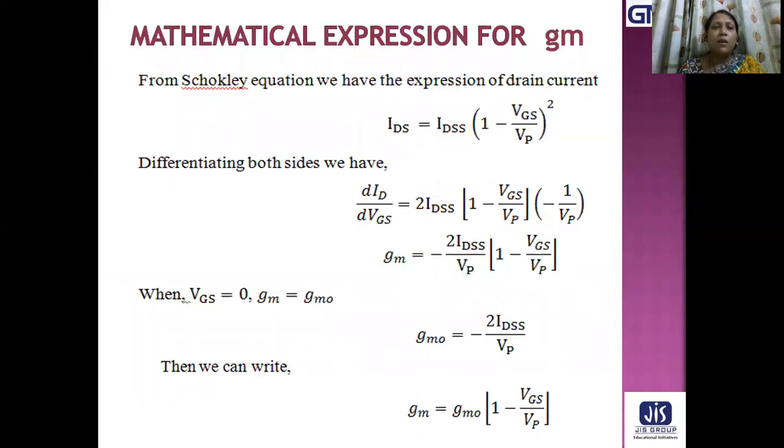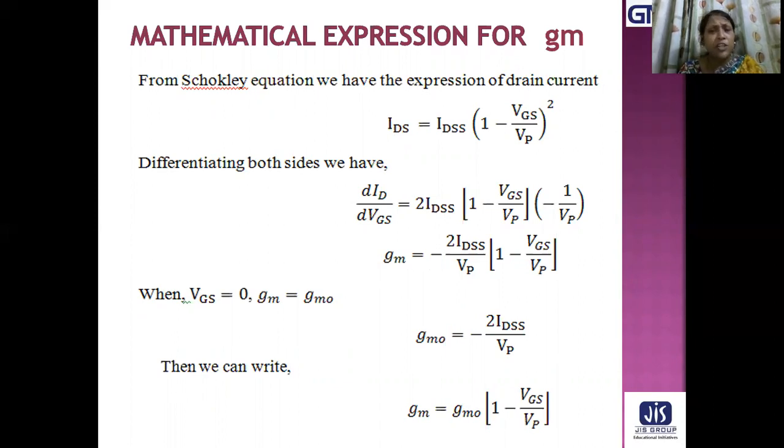So let us see what is the mathematical expression for gm. We know Shockley's equation, ID or IDS equals IDSS into 1 minus VGS by VP whole square. That is the equation for drain current of a JFET.